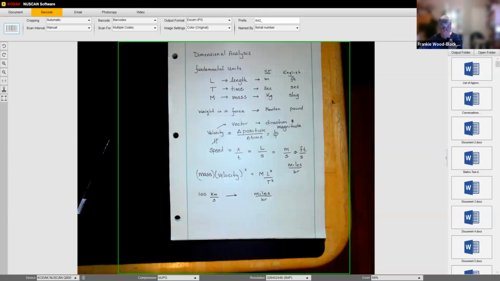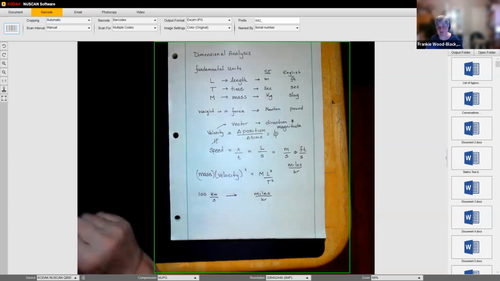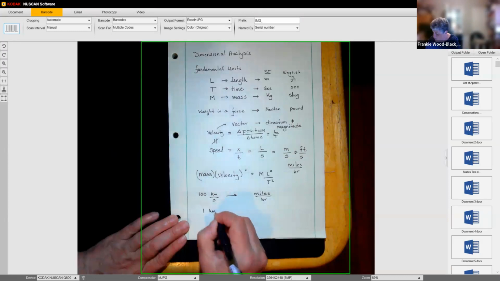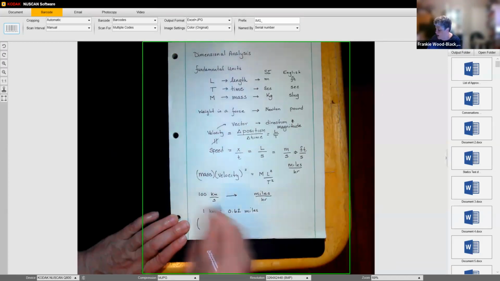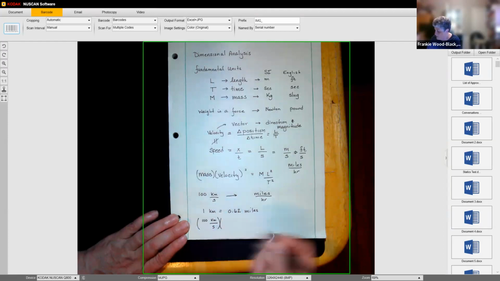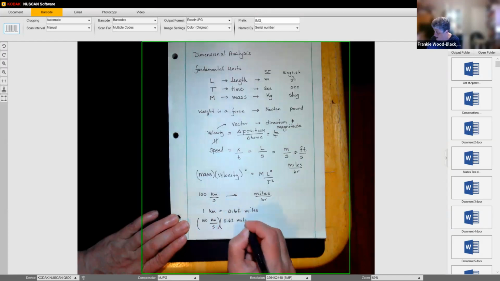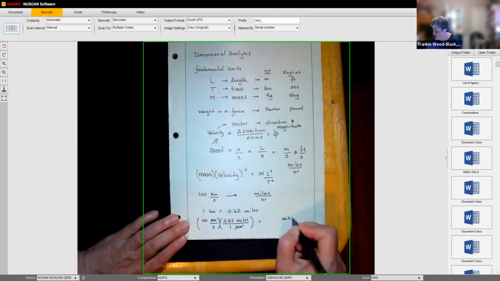Now, in the appendix of your textbook, you will also have conversion factors. So 1 kilometer is equal to 0.62 miles. So if I want to convert kilometers to miles, I'm going to use my 100 kilometers per second. I'm going to have my 0.62 miles on top, and that's 1 kilometer. I'm going to use my unit analysis to get rid of this, and now I'm going to be in miles per second.